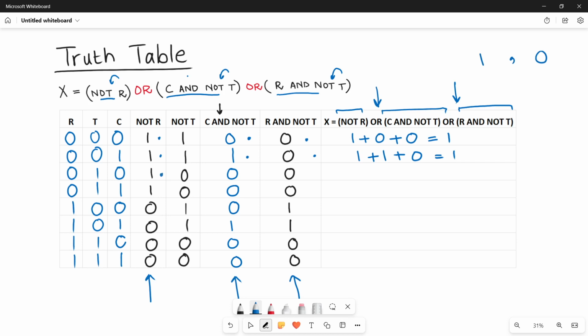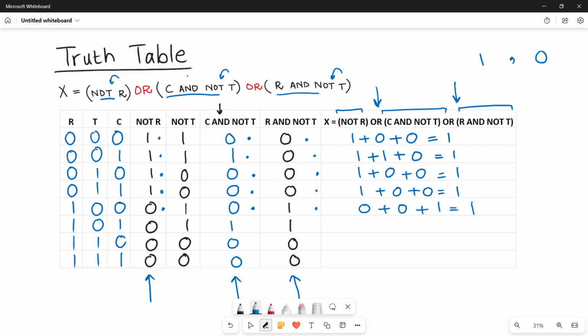Then next is 1, 0, 0. 1 plus 0 plus 0 equals 1. Next we have 1, 0, 0. Again, 1 plus 0 plus 0 is 1. Then 0, 0, 1 and 0, 1.